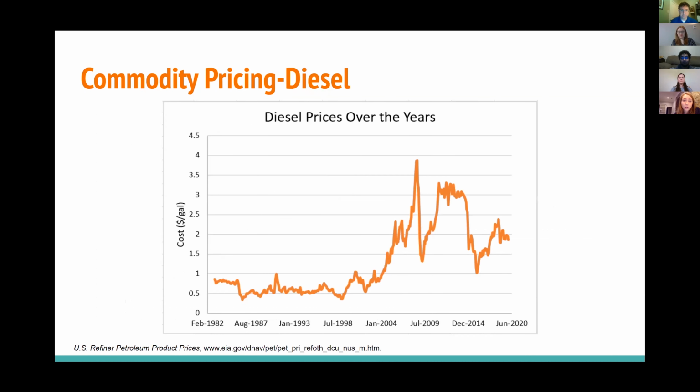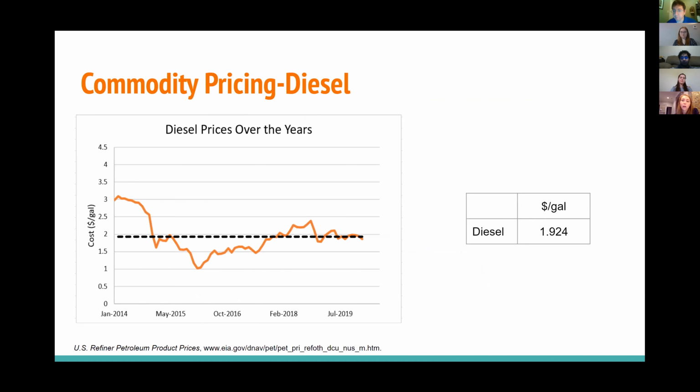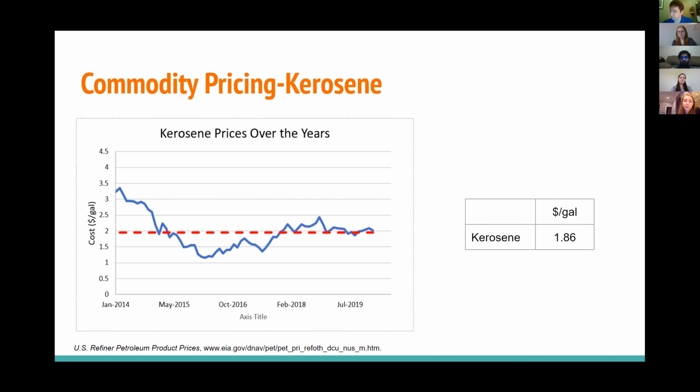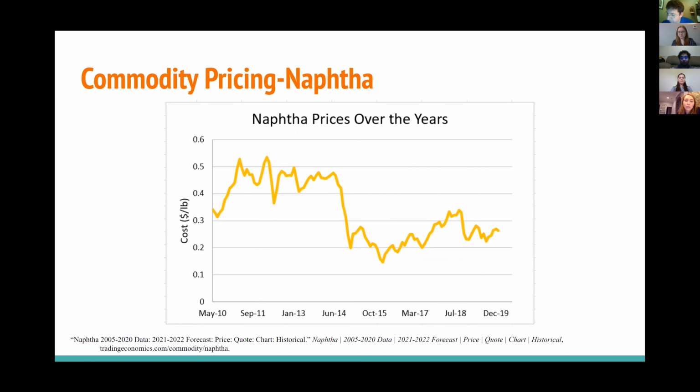For diesel, there was much more data provided, also by the EIA, but we decided to take the 5-year average over the last 5 years, which returned a value of about $1.92 per gallon. Similarly for kerosene, we also took the 5-year average, which returned a value of $1.86 per gallon. For naphtha, this data was not found by the EIA, but by Trading Economics.